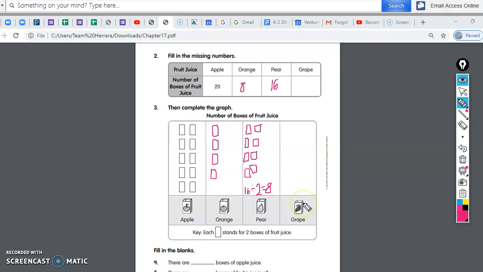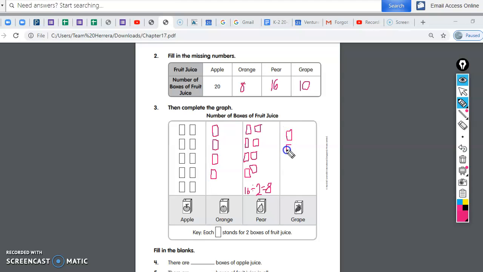Okay, and then our last one is the grape juice, which we had 10 of from the front page. The strategy that helps most of you is skip counting.